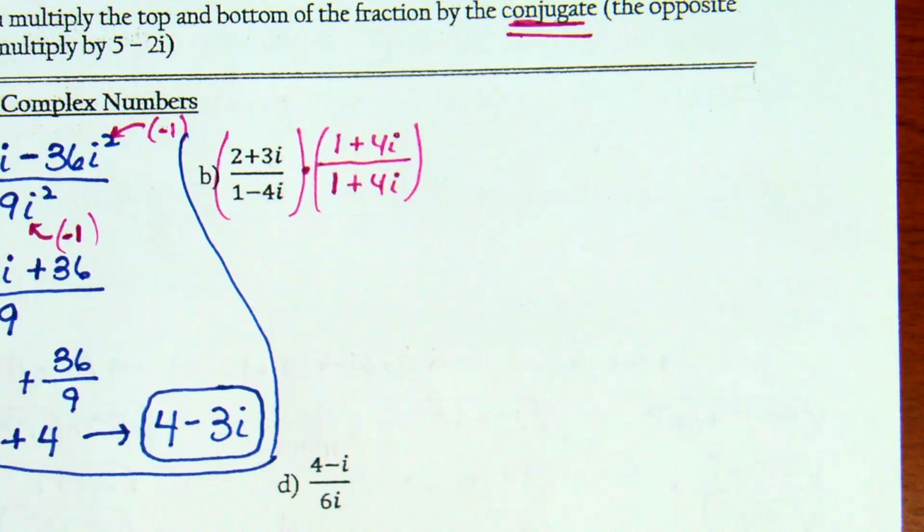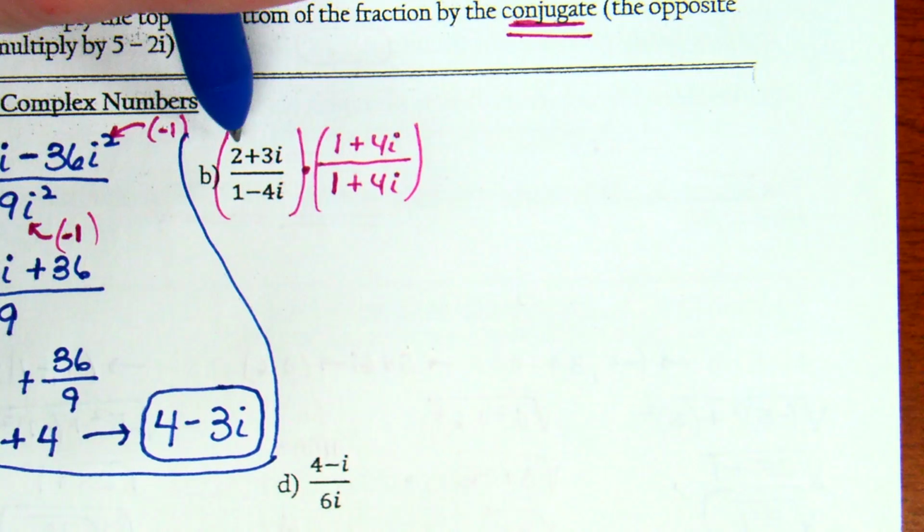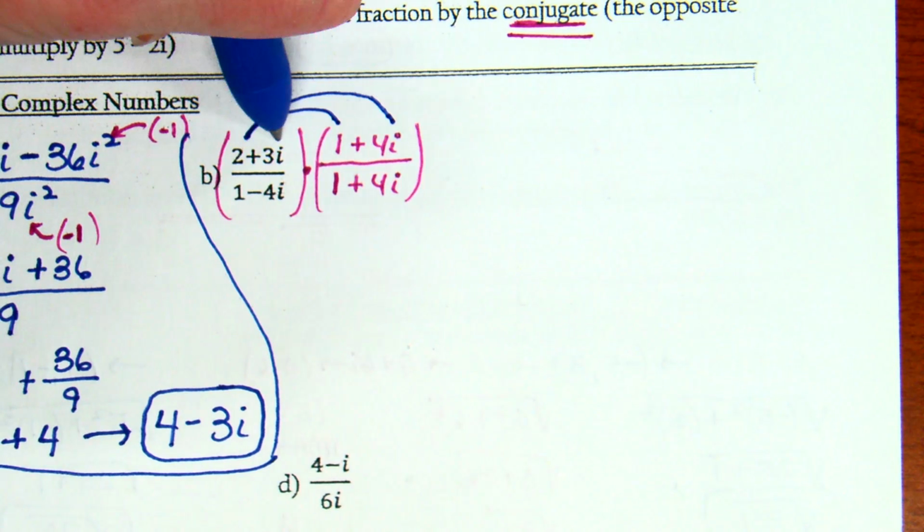How do I have to multiply here? We have to do more than just multiply the like terms. Distributing. We're multiplying a binomial times a binomial, so we're distributing that 2 into everything in the second parenthesis, and we're distributing the 3i to everything in the second parenthesis.